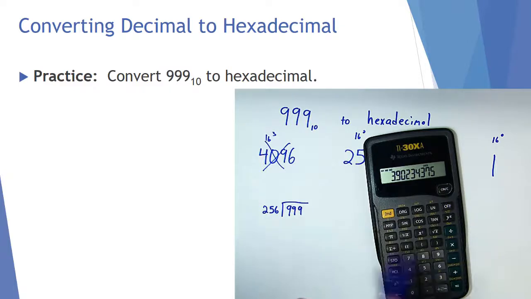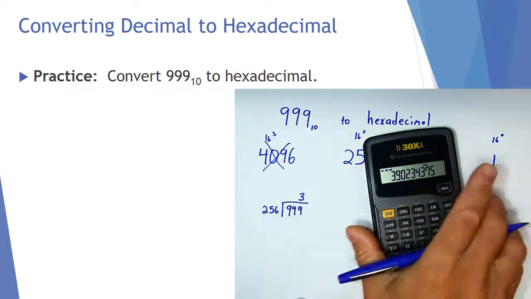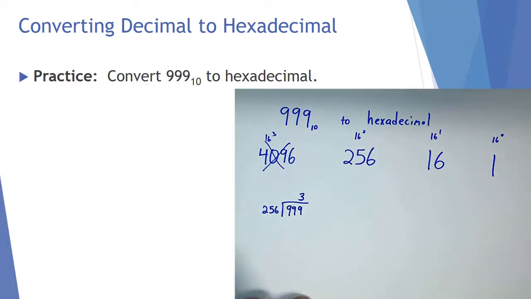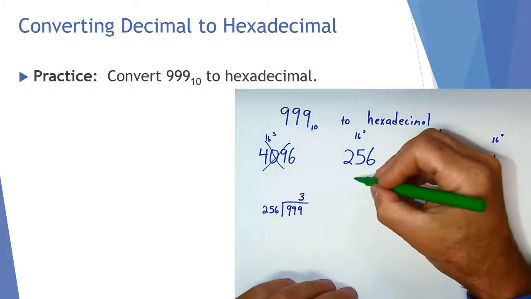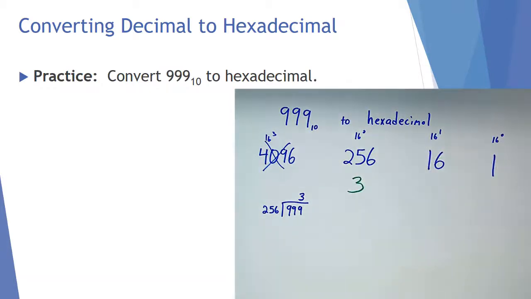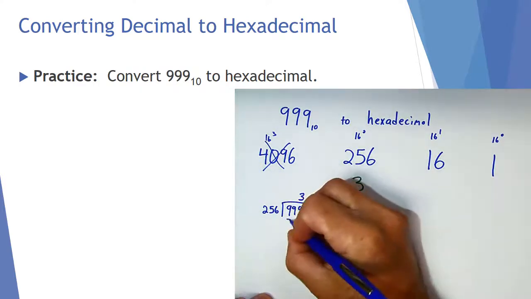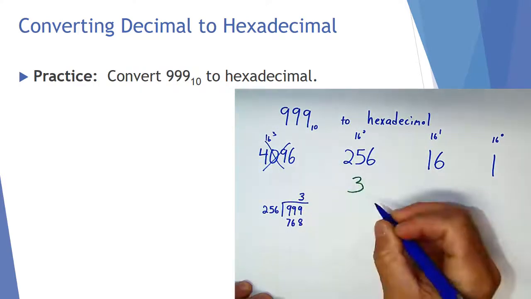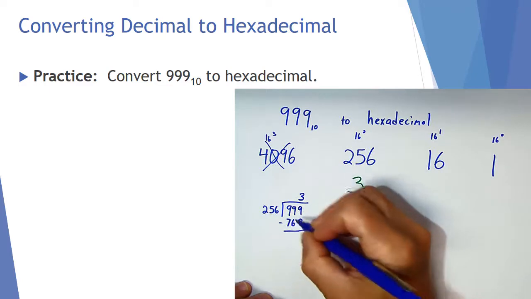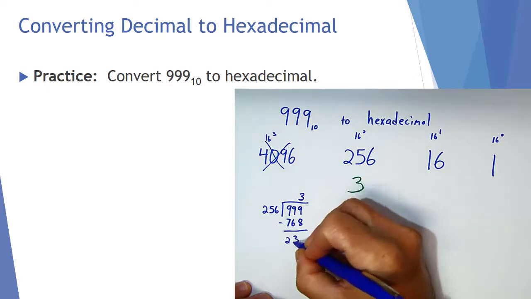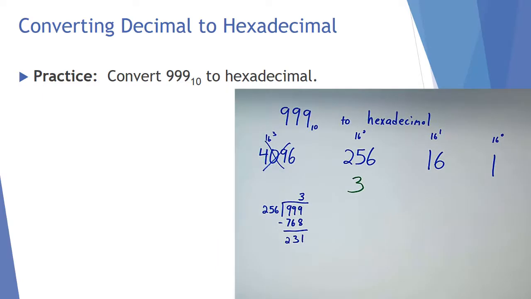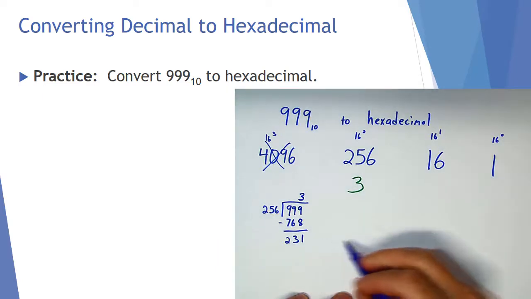All we care about is that 3. And that tells us that our first digit in our conversion will be a 3. Now what's our remainder? 3 times 256, you can check that on your calculator if you want, is 768. If we subtract that, we get 231. And now we start that process over again.